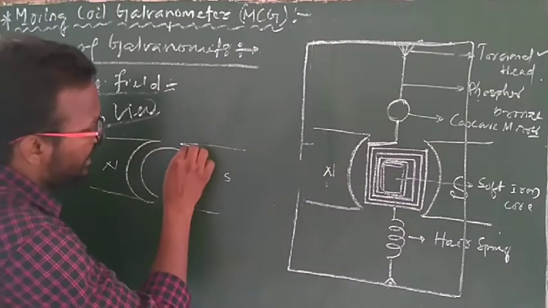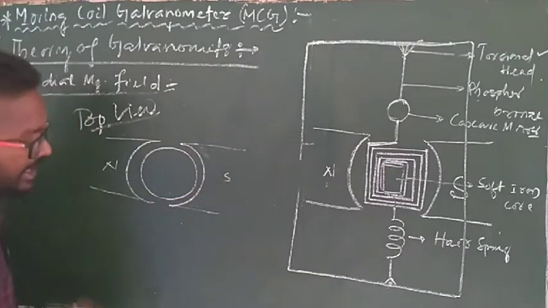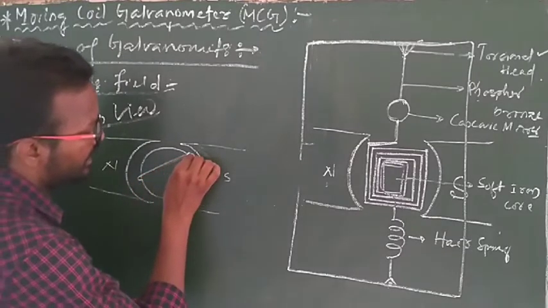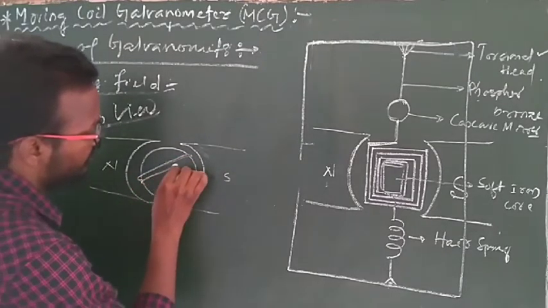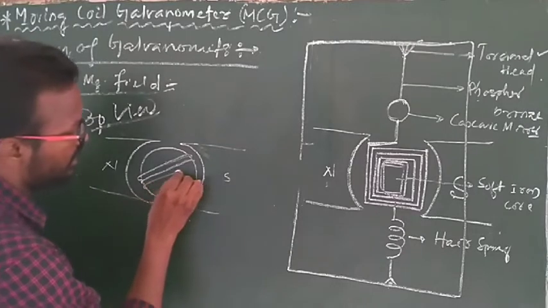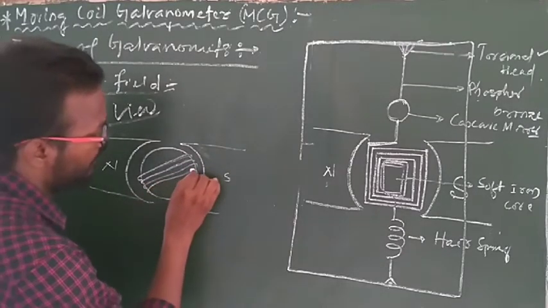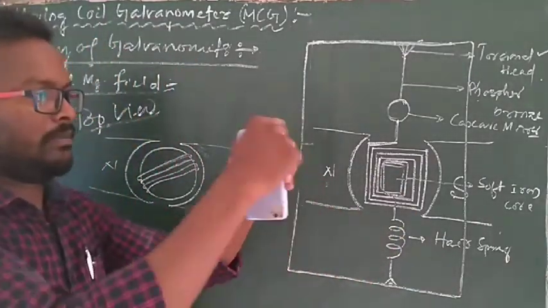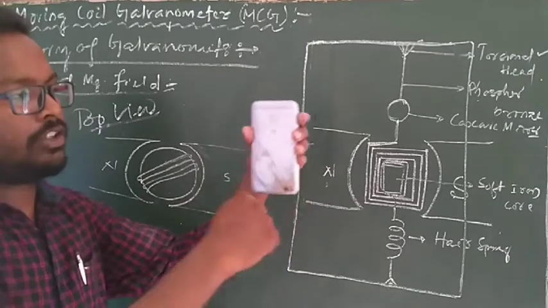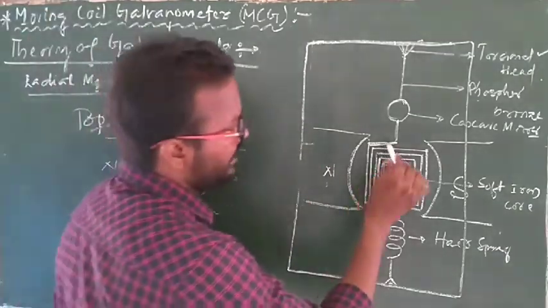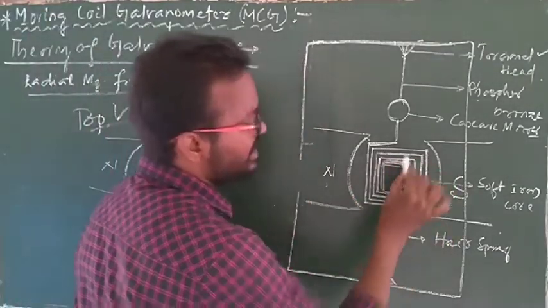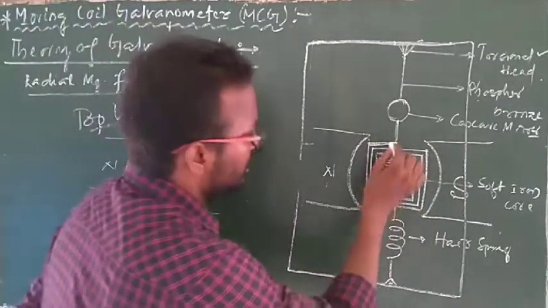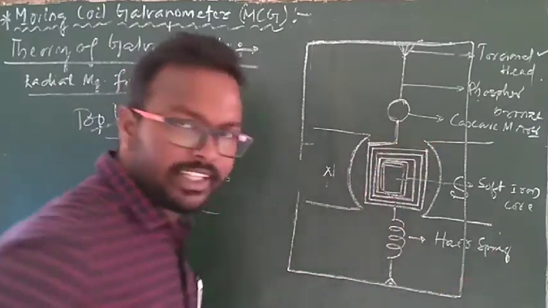There is a cylindrical soft iron core, and the coil is wound over it like this. These are the number of turns wound over the soft iron core. These turns are very close to each other, the area of each turn is the same, and the coil is an insulated coil.